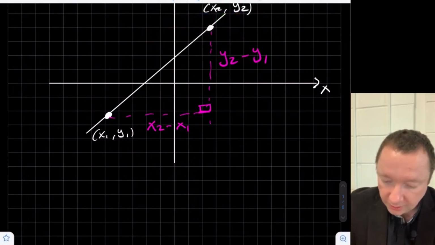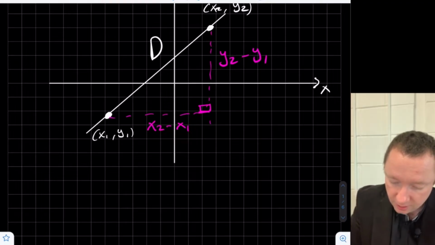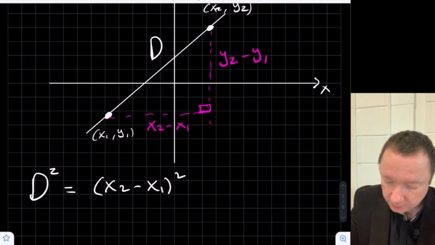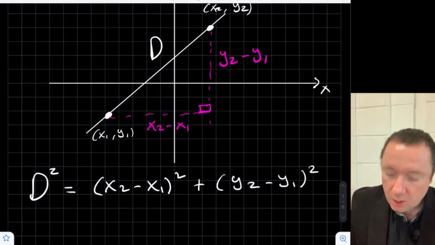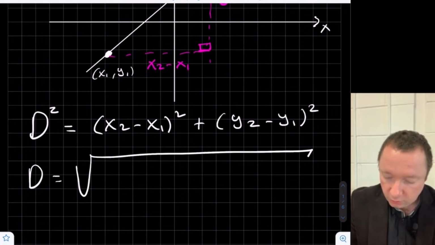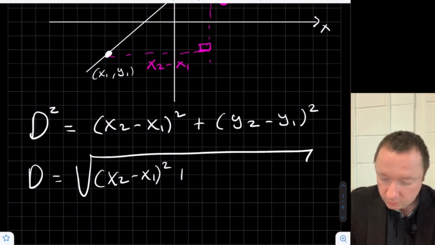Let's call this side d, the distance. Then the distance squared would be (x2 minus x1) squared plus (y2 minus y1) squared. Or in other words, the distance itself would be the square root of all that: d equals the square root of (x2 minus x1) squared plus (y2 minus y1) squared.